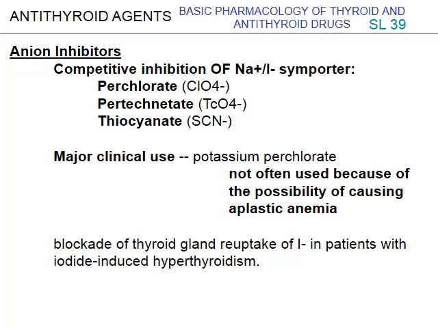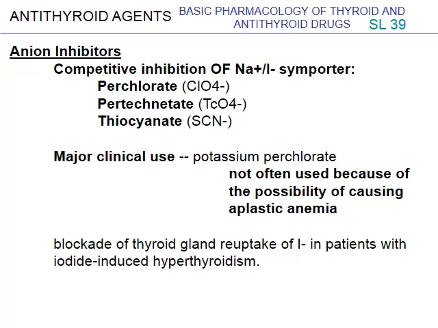Now, among the antithyroid agents which we haven't yet discussed are the anion inhibitors, and these work by competitively inhibiting the sodium iodide symporter. These are going to include drugs such as perchlorate, pertechnetate, and thiocyanate.